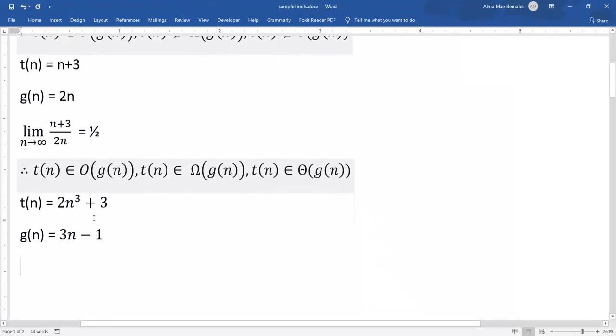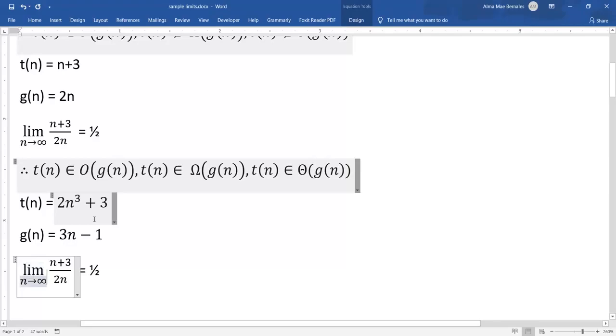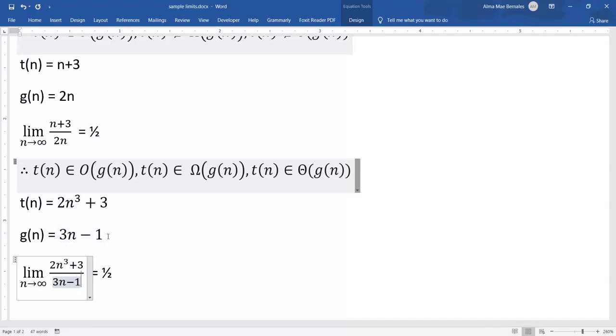Okay, so we will find the limit as n approaches infinity. Okay, we have 2n cubed plus 3 and 3n minus 1.